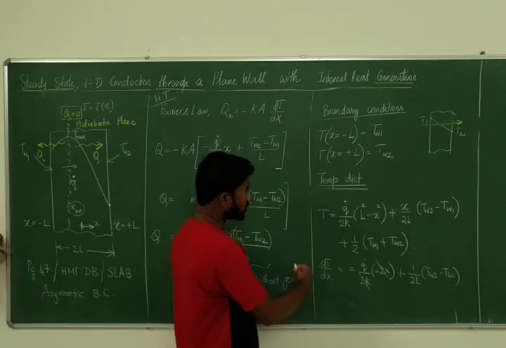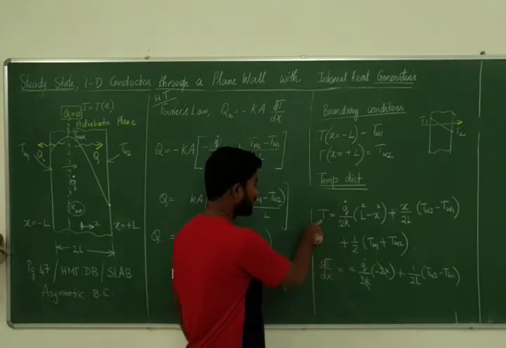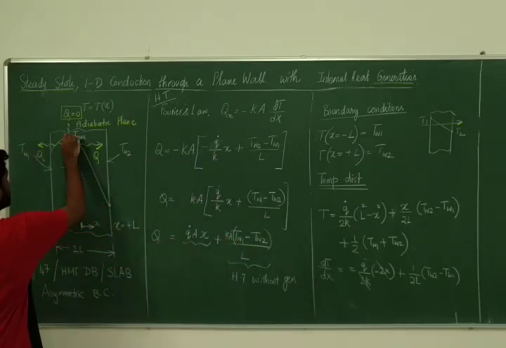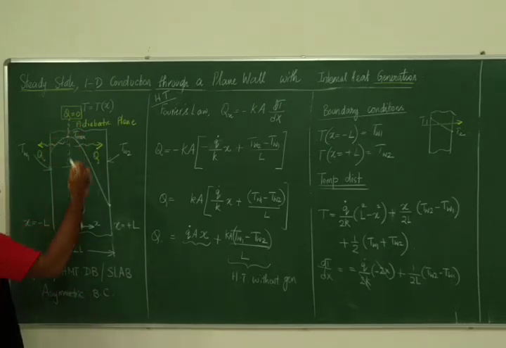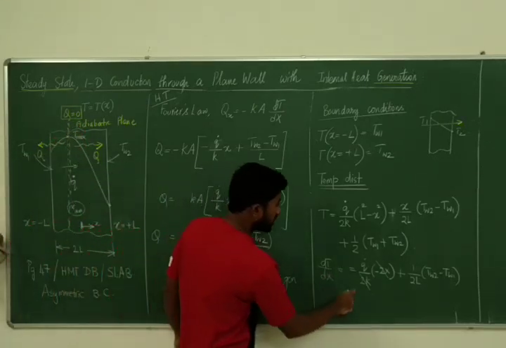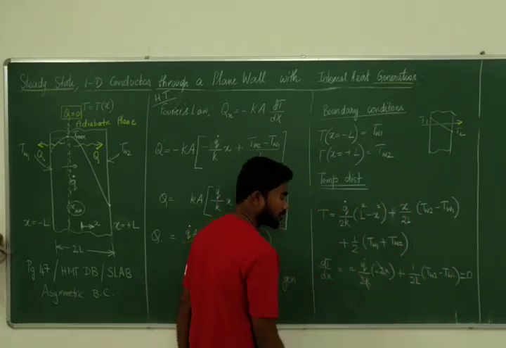Another thing, if you want to find the maximum temperature, how do you find the maximum temperature? At the maximum temperature, dT by dx is going to be 0. Correct? The condition for maximum temperature is that at the maximum temperature, the slope is going to be 0. So if you equate dT by dx to 0, then you will get the value of x.